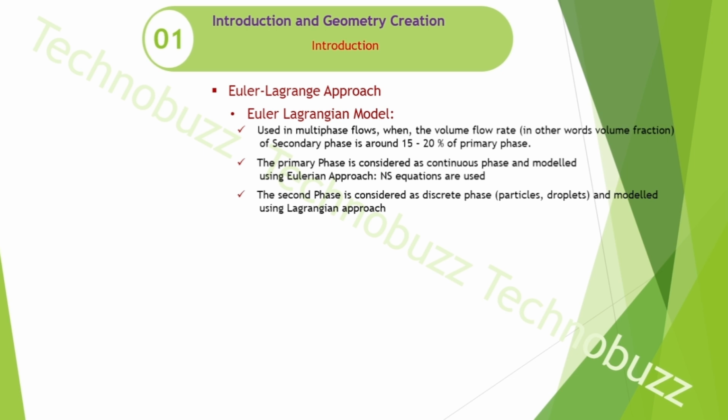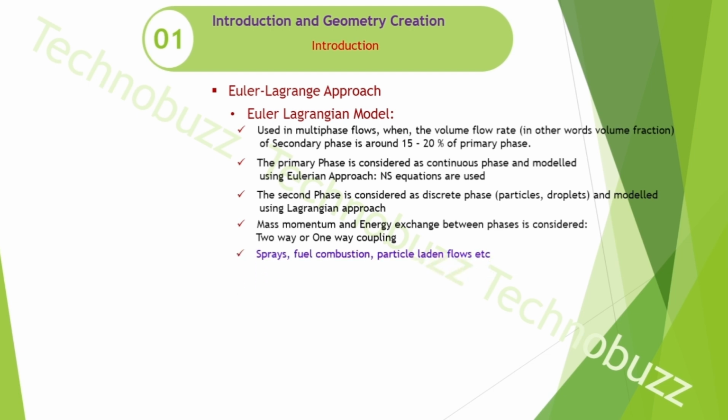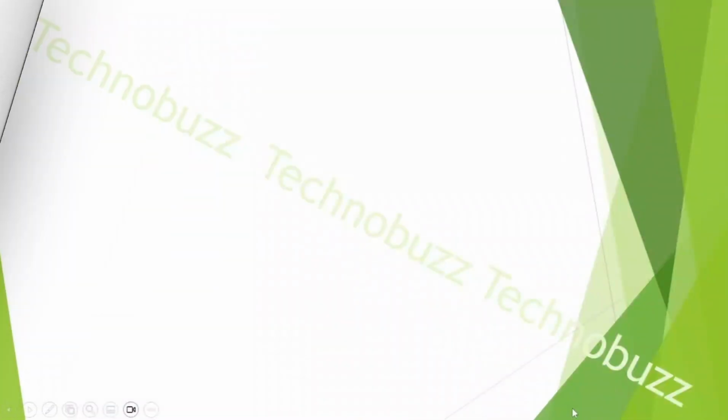In such scenarios, the second phase is modeled using Lagrangian approach, considering it as discrete phase. The mass, momentum and energy exchange between the phases is considered using source terms. There can be two-way or one-way coupling. Some of the areas include sprays, fuel combustion, particle-laden flows.